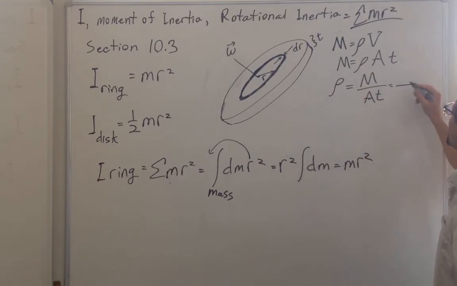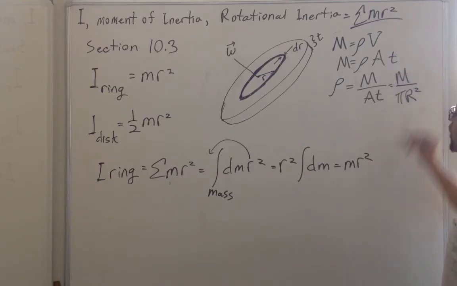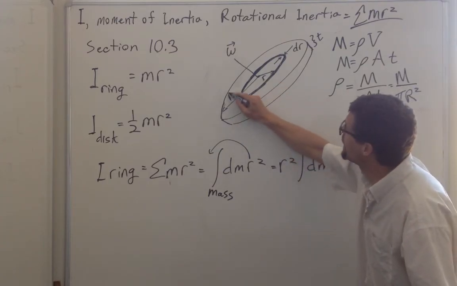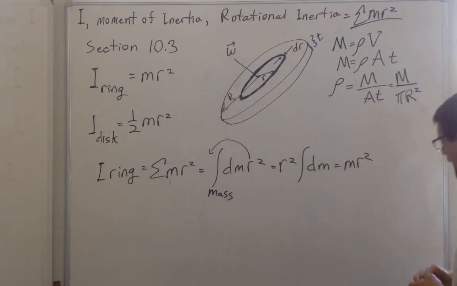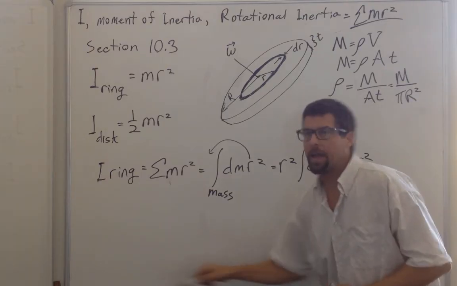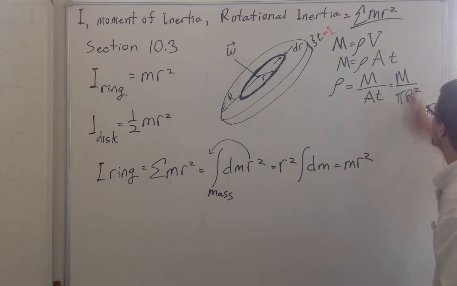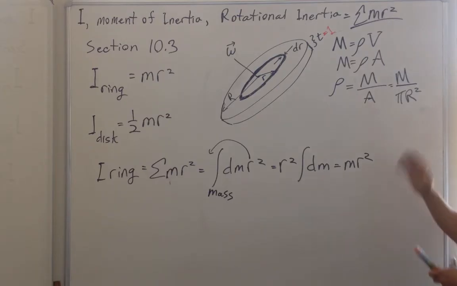And the area is pi radius squared, where capital R is the full radius of the disk. And I'm going to assign thickness equal to 1 because it's all the same, so I can just drop that out, and I can look at this as just a surface.